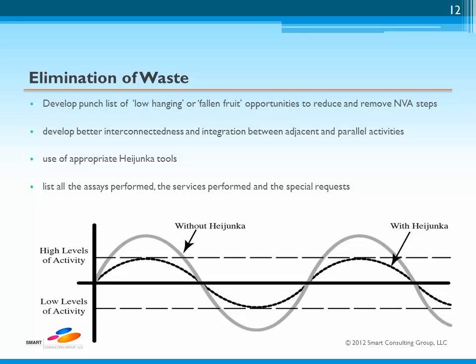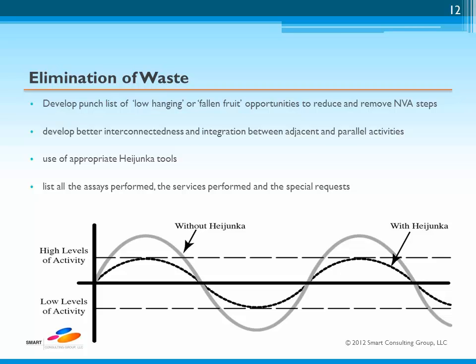One way is to develop better interconnectedness and integration between adjacent and parallel activities. As mentioned earlier, workload leveling, the use of appropriate heijunka tools reduce problems due to high levels of work in progress, which will also positively impact turnaround times.